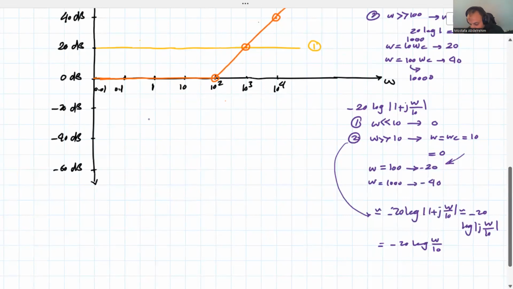Now you can put in 10: that's 1, log is 0. 100: 100 over 10 is 10, log is 1, so minus 20. 1000: 1000 over 10 is 100, log is 2, multiplied by minus 20, that's minus 40.